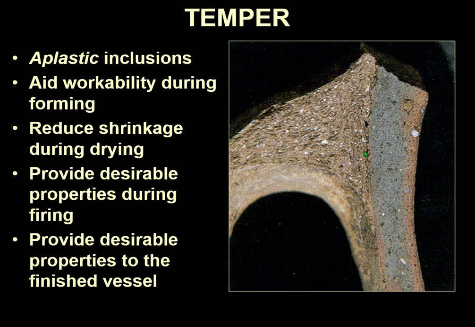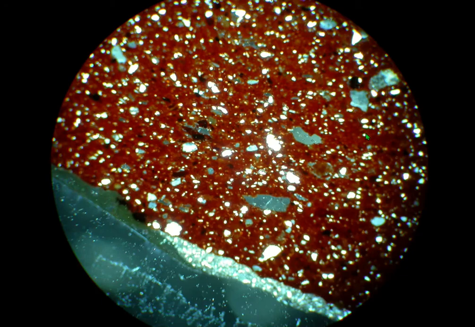You can see that they have shrunk a bit because there's a bit of a crack here, but not so much that it's fallen off. So that's why they added so much aplastic tempering to this, to reduce the shrinkage. And here you can see in this thin section all the aplastic inclusions within this clay matrix.